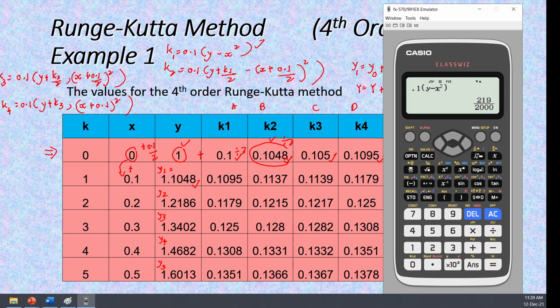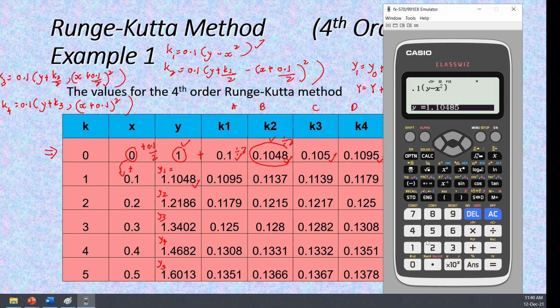So it depends on the function. So we repeat to calculate K1, K2, K3, K4 when K equals 1.